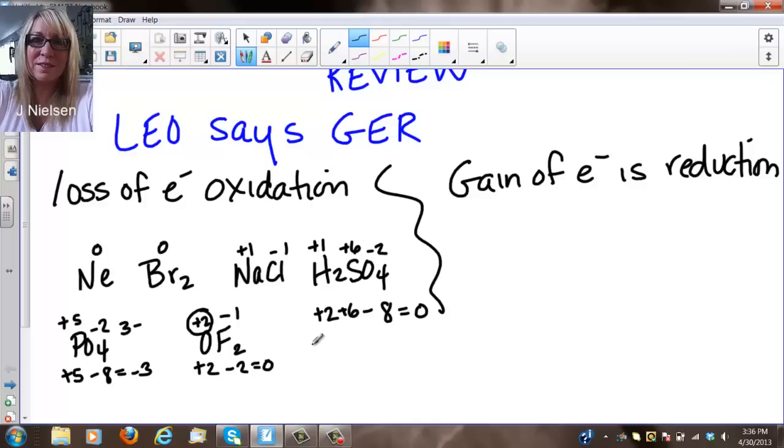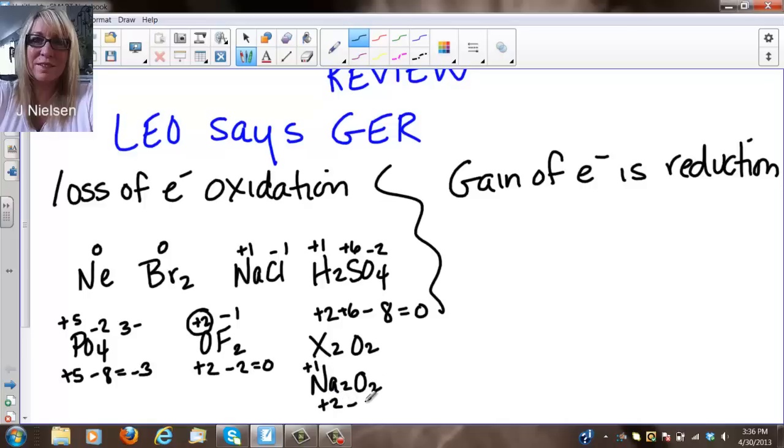Another exception to the rule is peroxides. Peroxides have the general formula X2O2. So in this case, if I had sodium peroxide, Na2O2, we know that sodium's a group 1 metal, it's +1, that gives us a net +2.